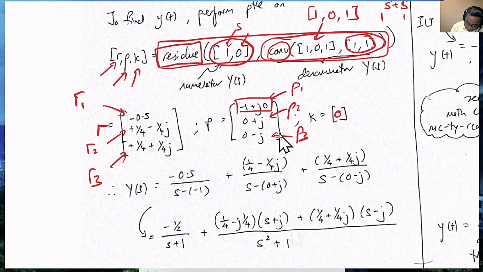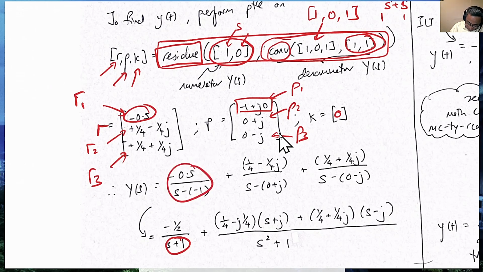This is s minus p1. What is p1? Minus 1 plus j0, so it's s minus minus 1, which becomes s plus 1. The top is r1; if the bottom is p1, the top is r1. r1 is minus 0.5.